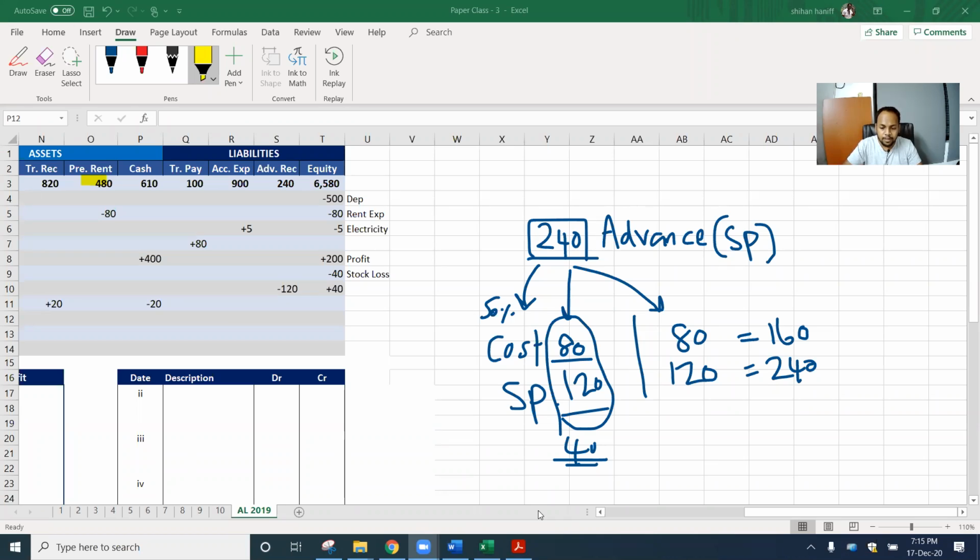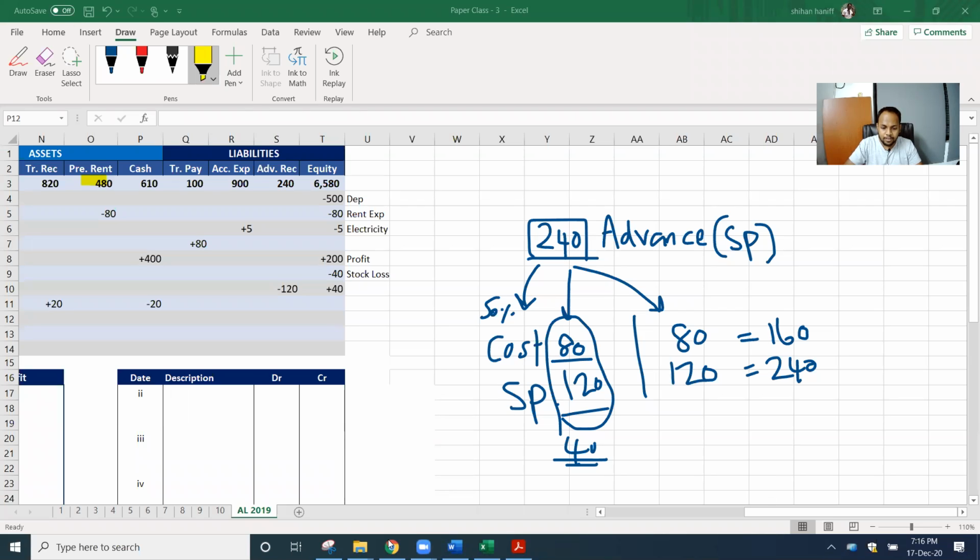So that's the recognition part. Only when you transfer the goods or deliver the goods, you recognize the income. We will learn that in the revenue recognition standard.